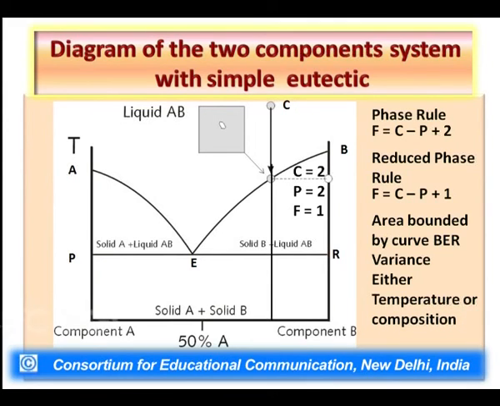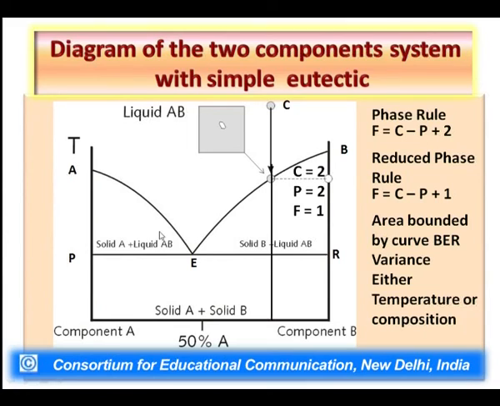Now, as you have seen earlier during our discussion, any point within the area bounded by curve BER represents solid B in equilibrium with liquid melt, or a mixture of A and B in the liquid phase.